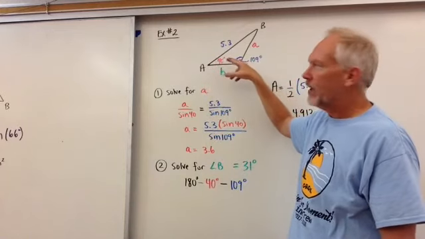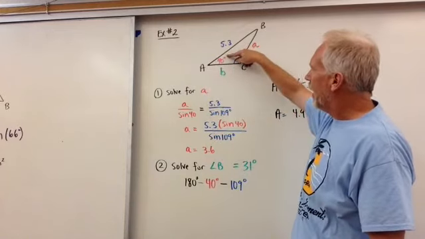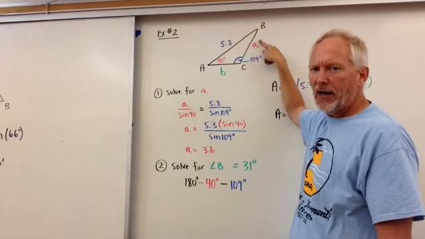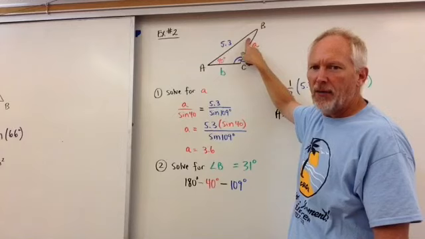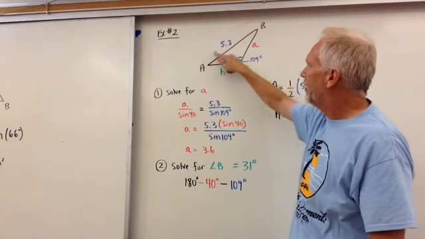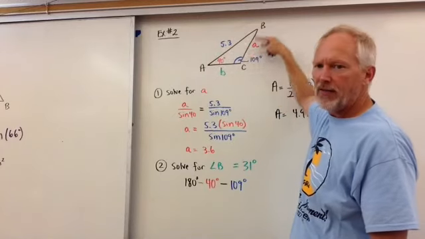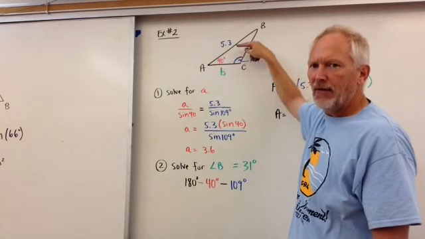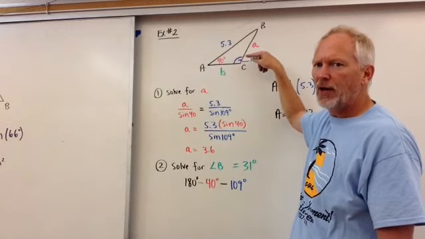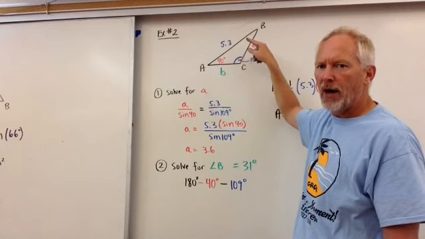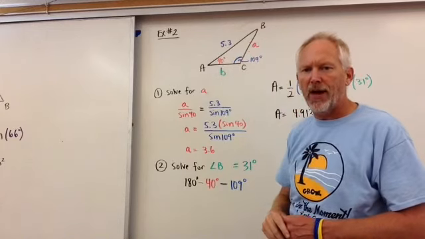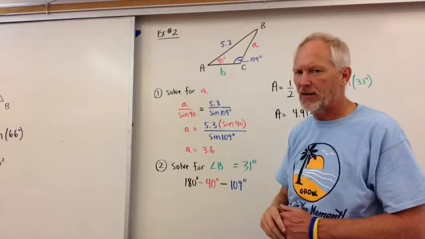Now, what I'm noticing is that if I have enough information to get A right now, and if I get A, and then I can find B, well, then I can do it, because I have this side, and I have the A side, and then I'll have the included angle. And that included angle is pretty easy to find because we have 40 and 109, so we can tell what that will be if we use 180 minus.